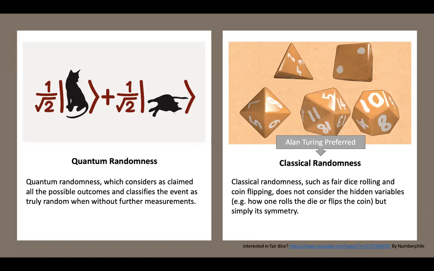So in that case, we are putting a cat in a box and we're releasing a toxic gas. We don't know whether the cat will live or die when we are not opening the box. Assume that we can't see anything going on inside the box. This picture shows the formula that could describe this experiment.